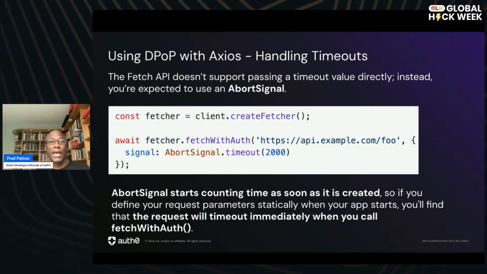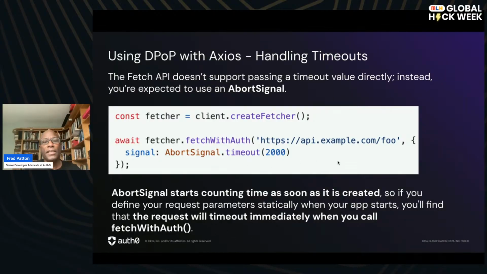Now, if you need to use timeouts, because fetch doesn't have that support, you could use abort signal. So here in this case, we're just basically adding that parameter for abort signals and setting a timeout. And this works, but if you have static request parameters, then this won't work for you because basically this will have already happened.